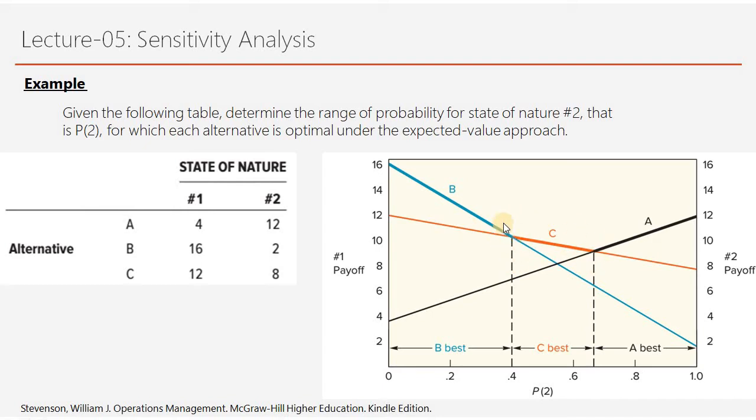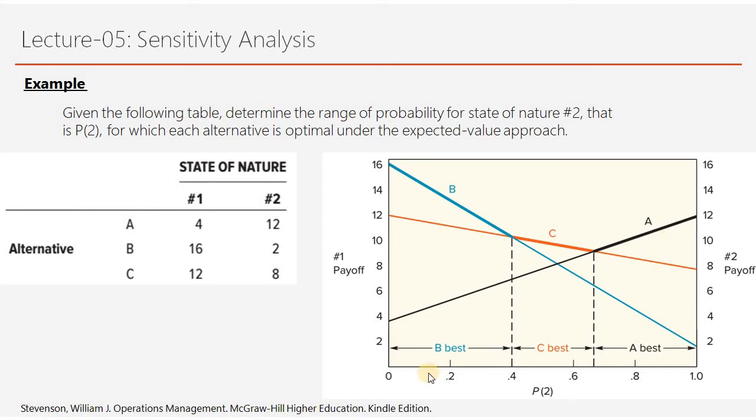At these intersecting points, you can understand that the payoff for B and C are the same at this particular point. The expected monetary value for B and C is the same. Here, when A and C are intersecting at this point, it means that at this particular point, the expected payoff of alternative A and C are exactly the same.